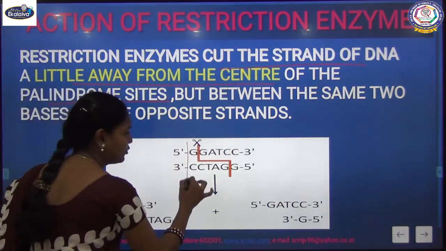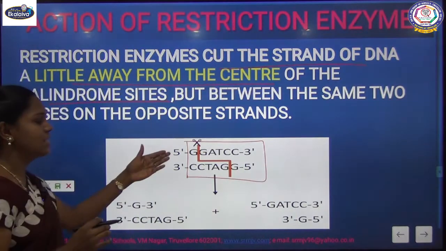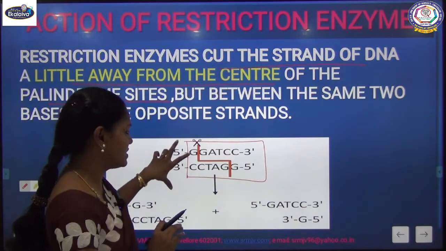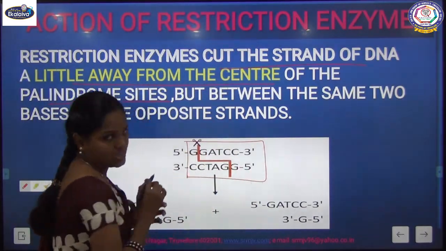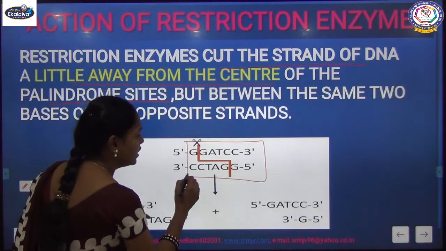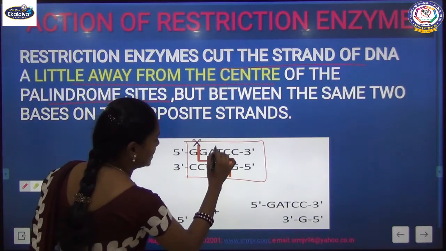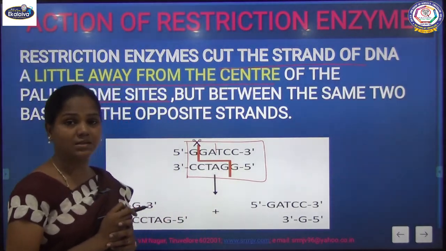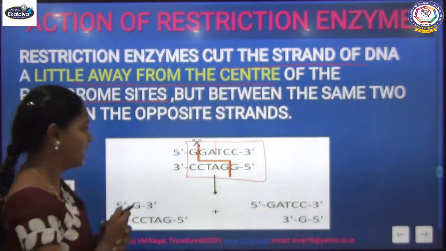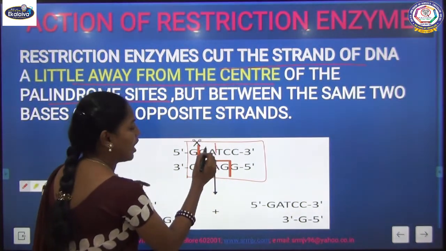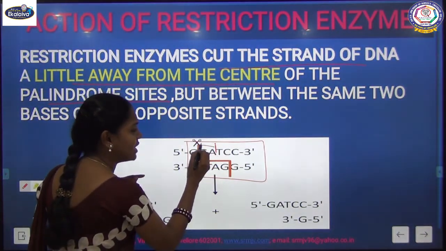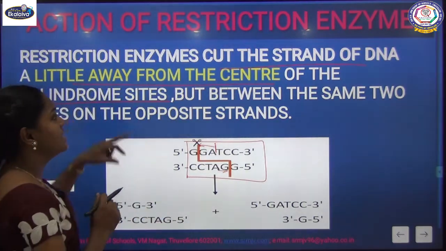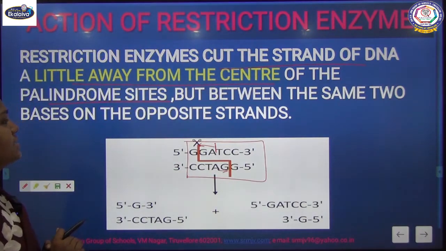The palindrome site here is for some particular enzyme, not EcoR1. So this is a palindromic sequence. How are they cutting? If you take this palindromic sequence, this is actually the center. There are 6 nitrogenous bases. So this is the center, but it is cutting a little away from the center of this palindromic sequence.